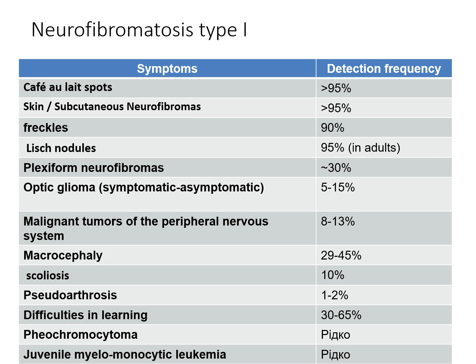Clinical signs of neurofibromatosis of the first type: the most common are coffee-like spots on the skin, skin or subcutaneous neurofibromas, freckles, Lisch nodules. It's in adult age. Less common are plexiform neurofibromas or optic gliomas. The other signs are mostly rare.